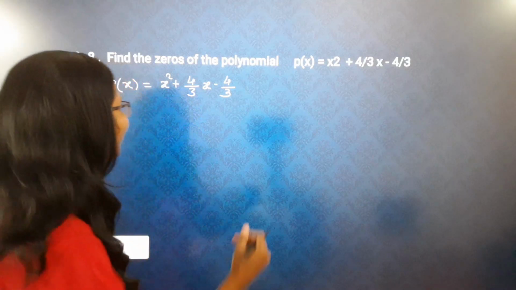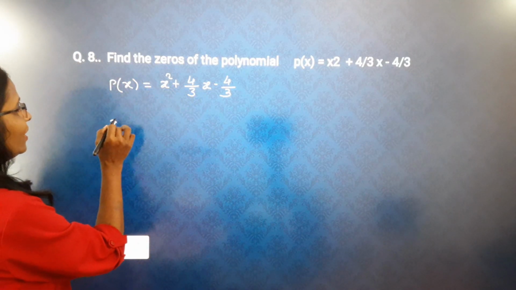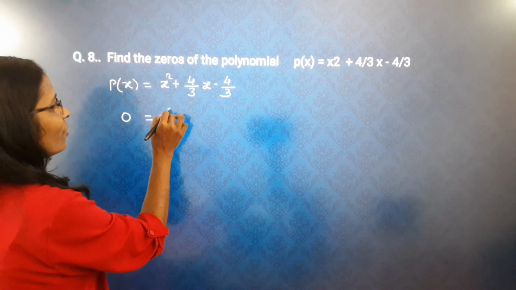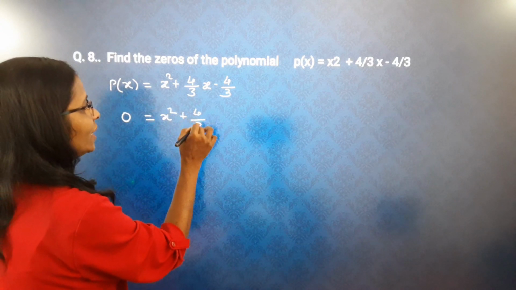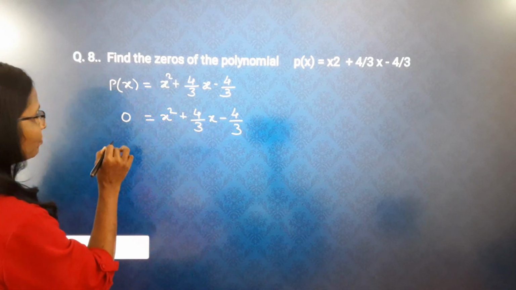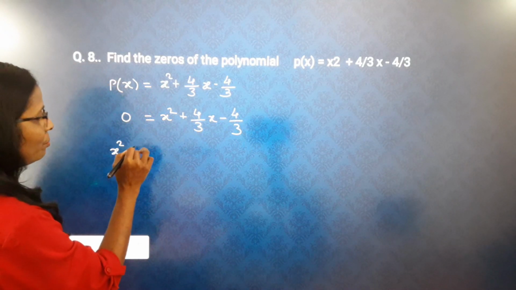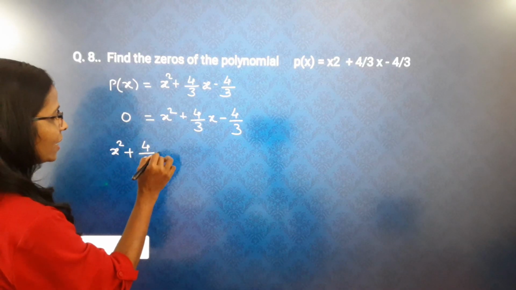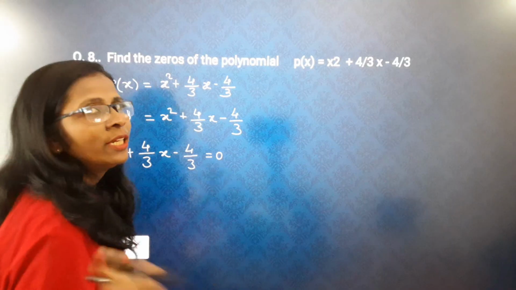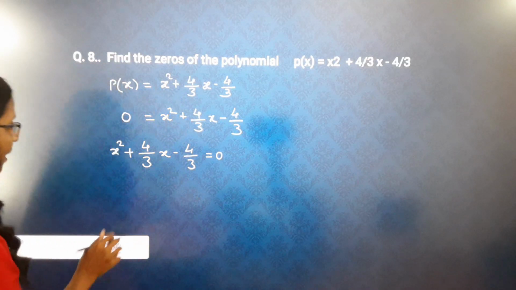Okay, so p of x, that means here p of x is 0. So x square plus 4 upon 3 x minus 4 upon 3 is equal to 0. Now here I simplify this quadratic equation.